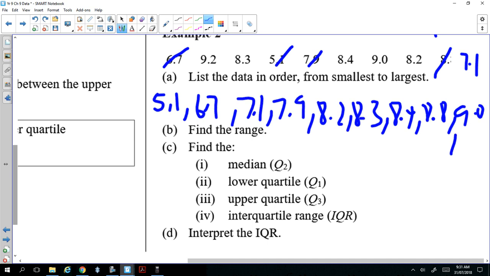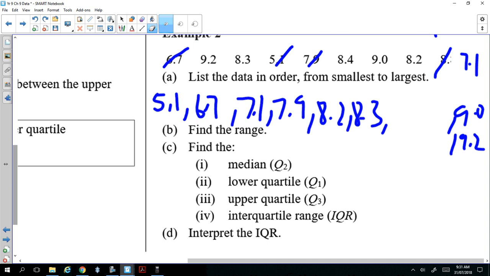So these are the scores. 8.8. 8.3, 8.4, 8.4, 8.8, 9.0, 9.2. Okay, good.